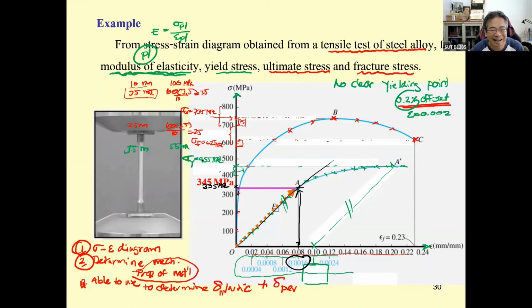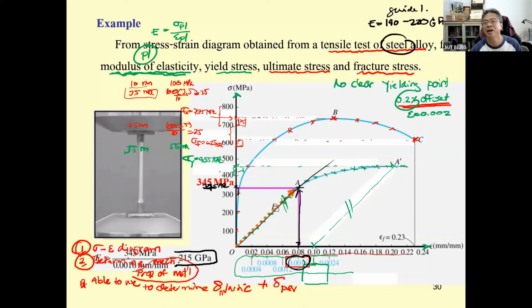Okay, let's see. This is 345, and it's going to be divided by 0.0016. You're going to get 215 gigapascals. Most steel has an E in the range of 190 up to 220 gigapascals. It's just a guideline for you to find the E.